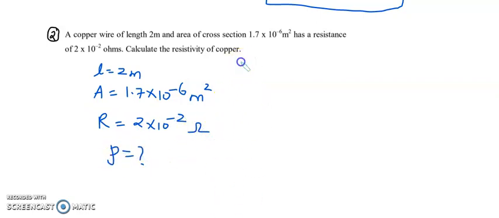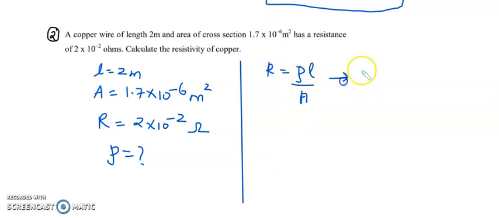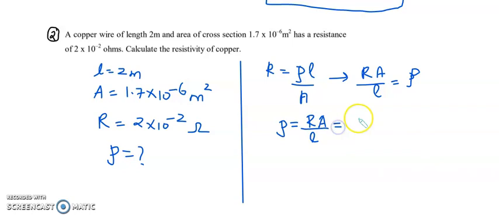So let's rewrite the formula. We know that R is equal to rho L by A. I'll shift the A and the L, so it will change as RA by L is equal to rho. So rho is equal to RA by L. What is R? 2 into 10 raised to minus 2.